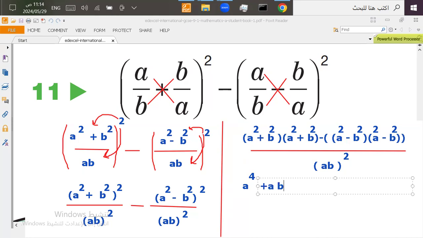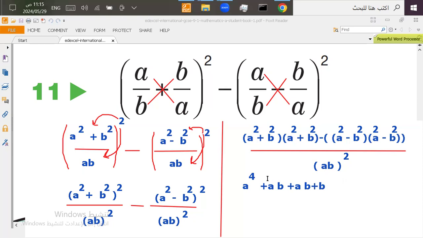A squared b squared. Okay. And then same idea with the second one, b squared times a squared is going to be plus a squared b squared. Okay. And then b squared times b squared is going to be plus b power of 4. So this is the first idea.